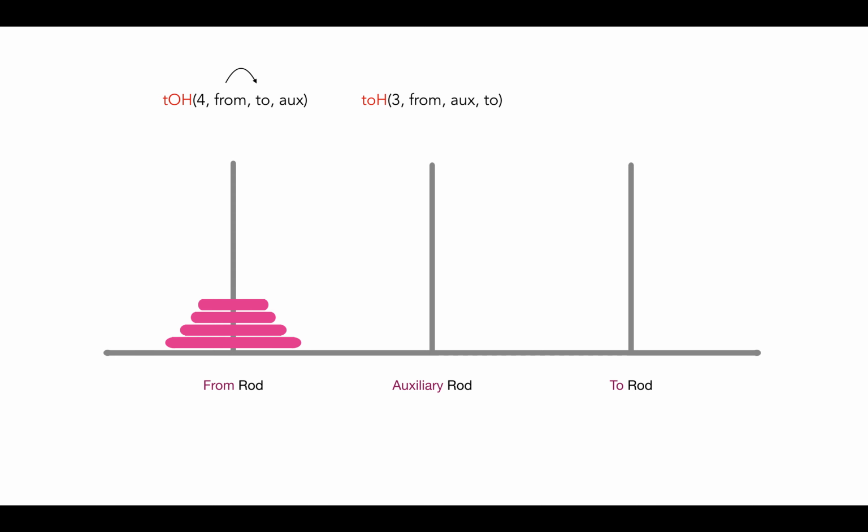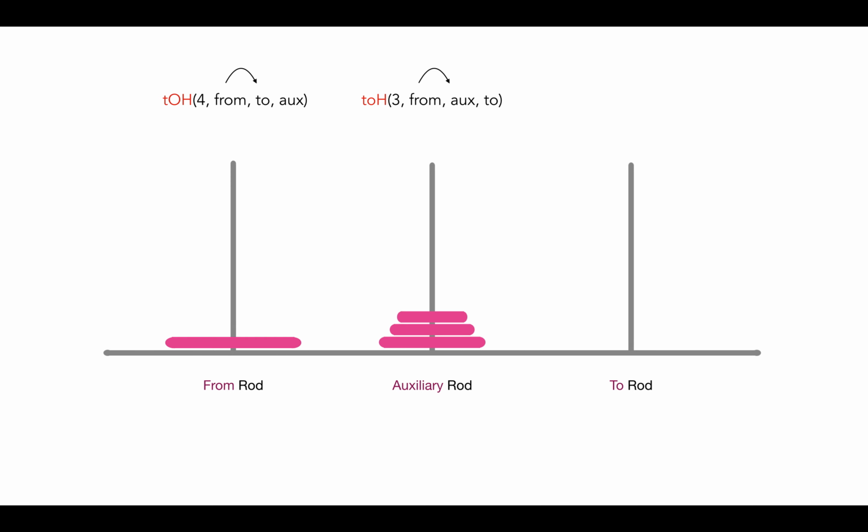Because to complete the original problem we need these 3 disks at this auxiliary rod, so that we can take them and directly shift them to the original to rod. So for n equals 3, the from rod is the same as the from rod of n equals 4, but the to rod for n equals 3 is the aux rod of n equals 4, because it is the helper rod for the n equals 4 problem.